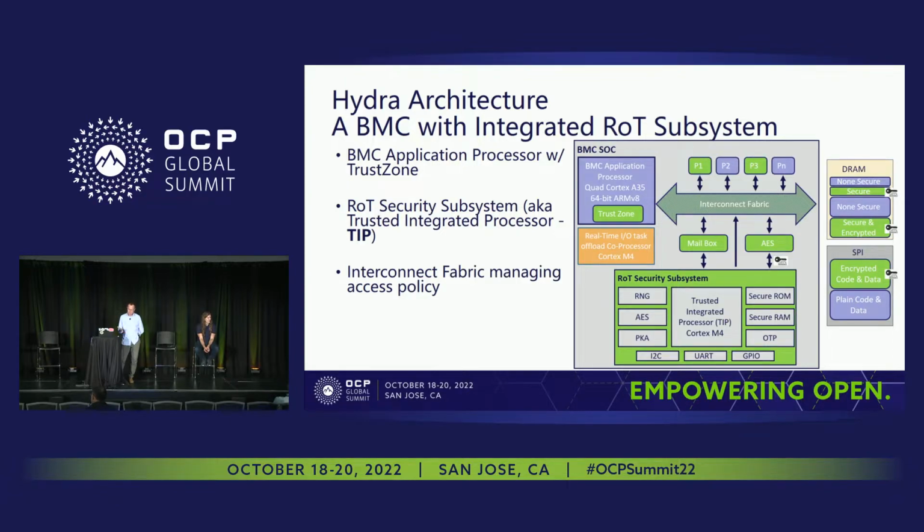The whole communication, fully isolated, is using the mailbox to interface and to provide services to the BMC. Last and probably least is the real-time I/O task offload coprocessor that would be dealing mostly with peripherals which require high attention and high workload, and spare the main processor from dealing with that.